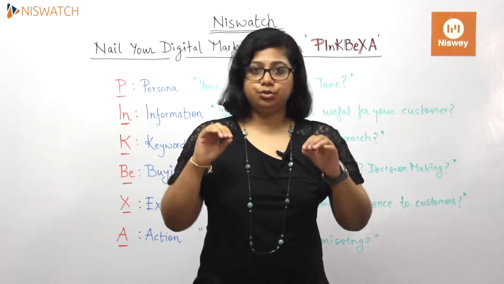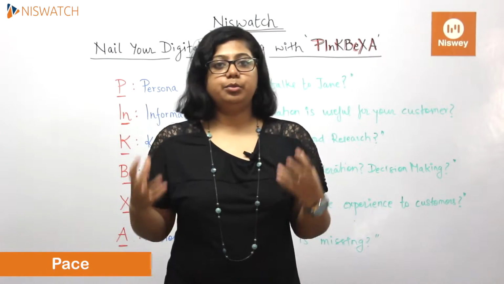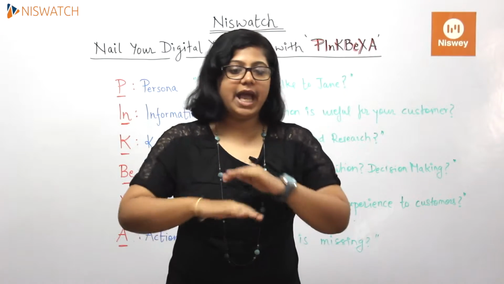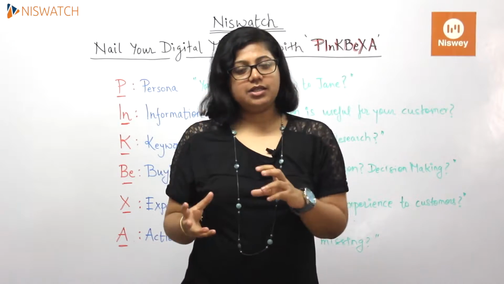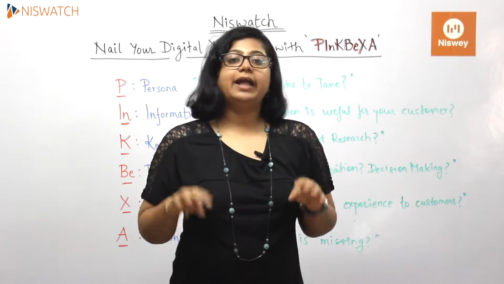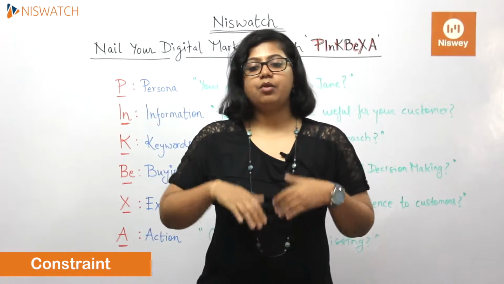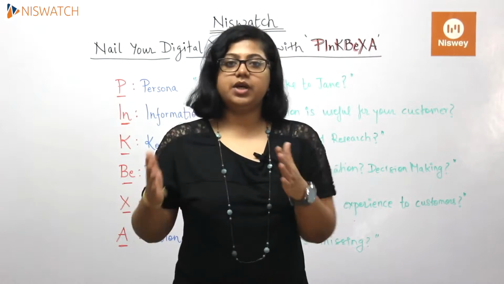The third thing that you need to look into is pace. Now, Jane is trying to build a startup. She has very little time. Her work day is hectic. So you need to build content that is in small, easy, digestible pieces that will fit into Jane's work day. And the fourth thing that you need to consider is constraint. When you have a brand, you might be looking at a couple of customer personas.